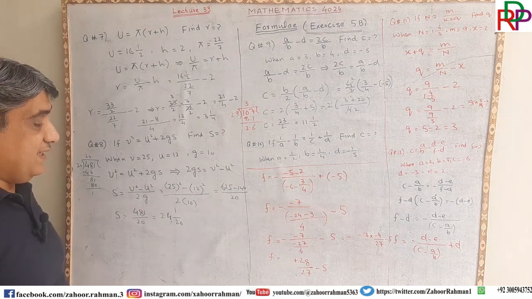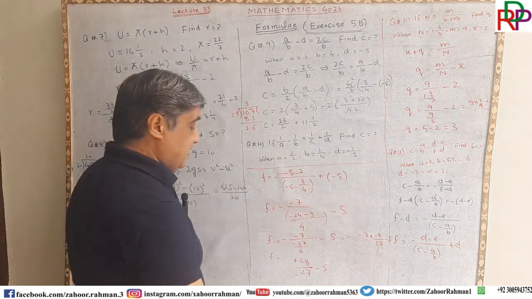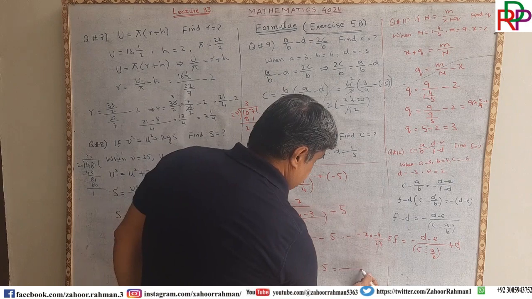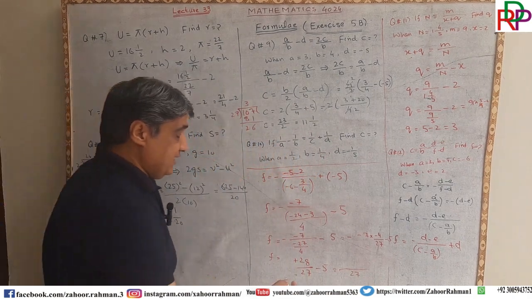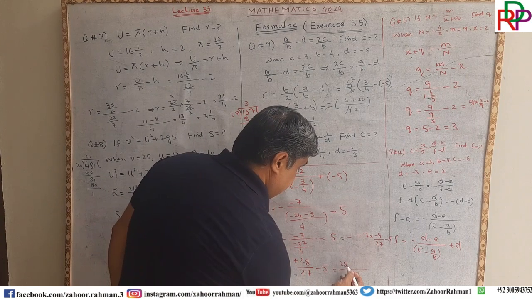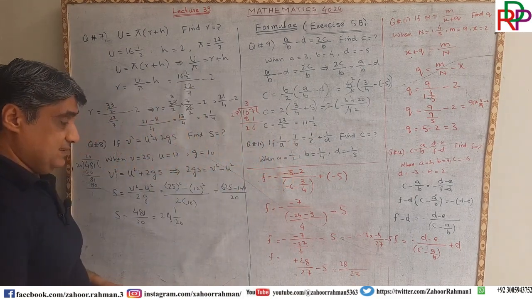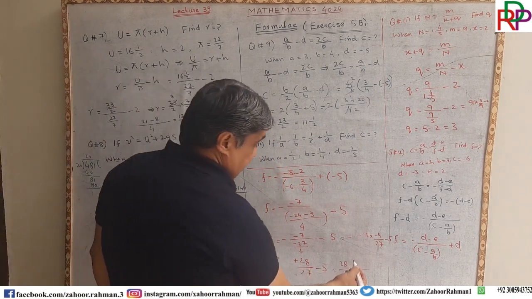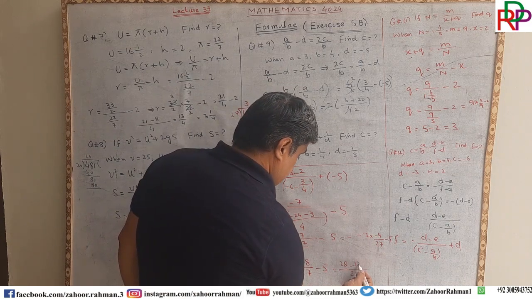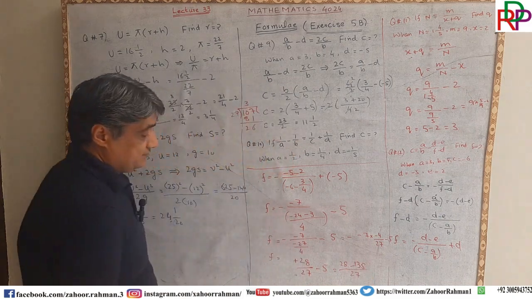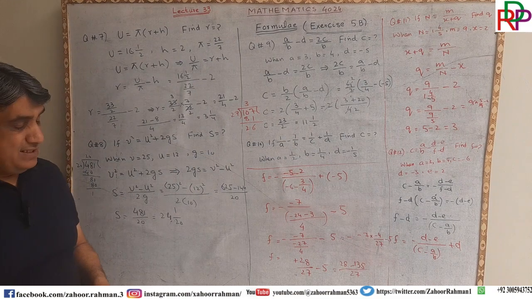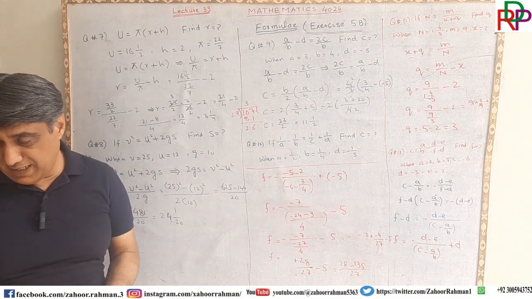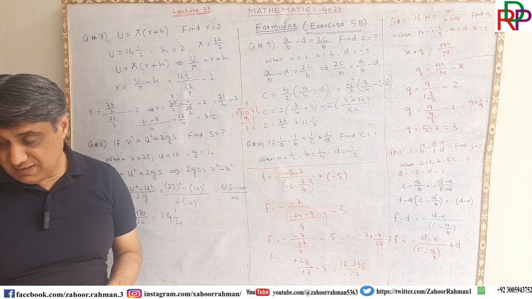So here I have to take 27 as the LCM, and that will become 28, and then it will become minus 135. 28 minus 135.